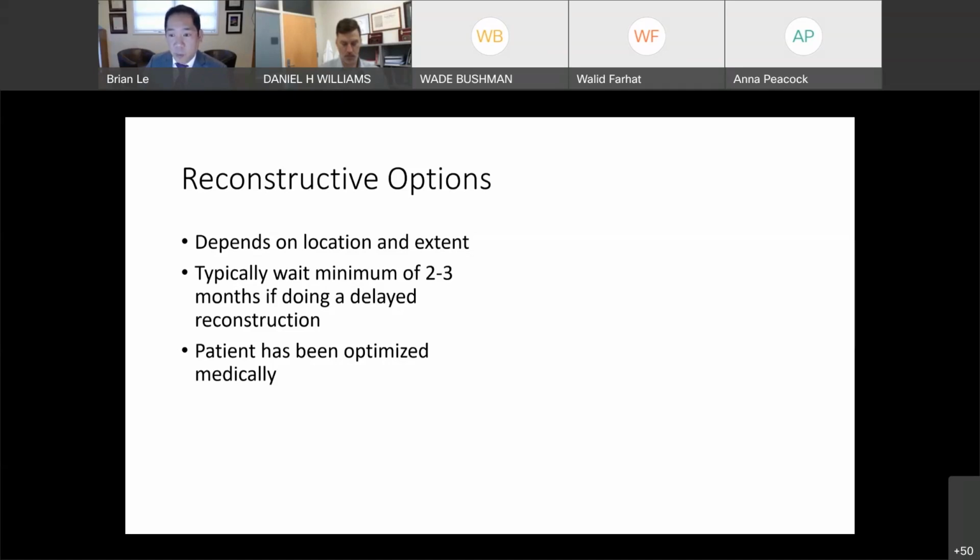Oftentimes, if they were severely injured by other mechanisms of trauma, you want them to be optimized medically. If they still have a bunch of hardware, they can't be positioned very easily to do your fancy robotic surgery, so there's not a downside to waiting longer with your nephrostomy tube or your stent in place before making a decision on what to do next.